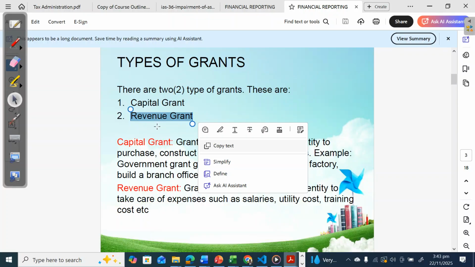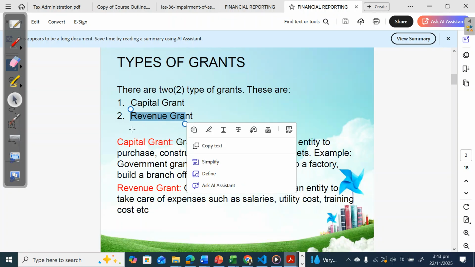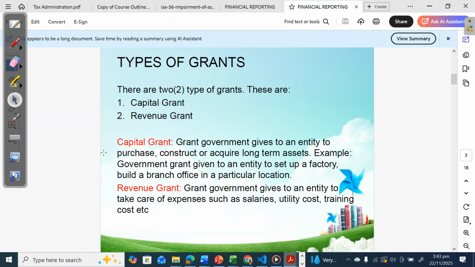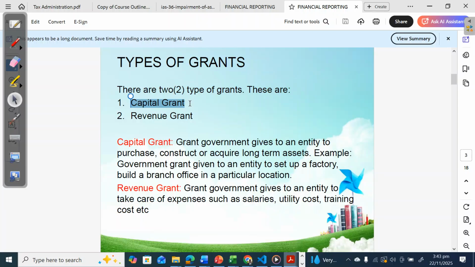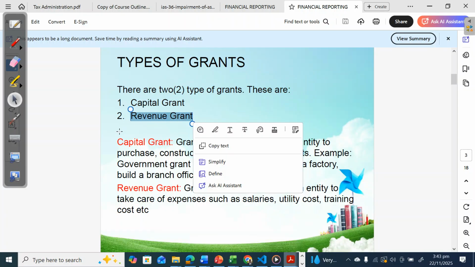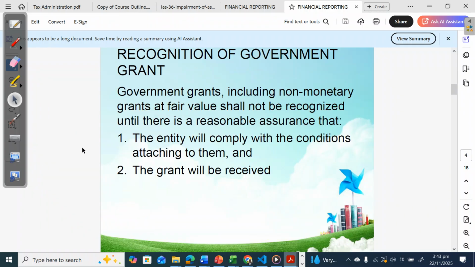That is a revenue grant. So a capital grant is to buy non-current assets. A revenue grant is to take care of the day-to-day operations of the business. All right, so these are the main types of grants. So how do we treat capital grants and revenue grants? That is the topic we are going to look at.